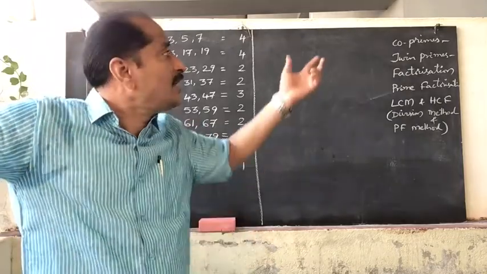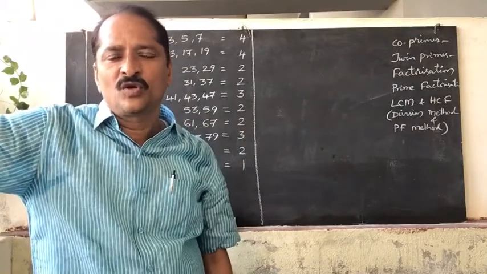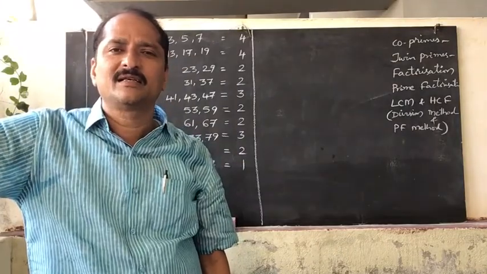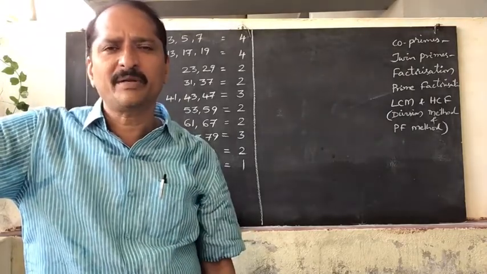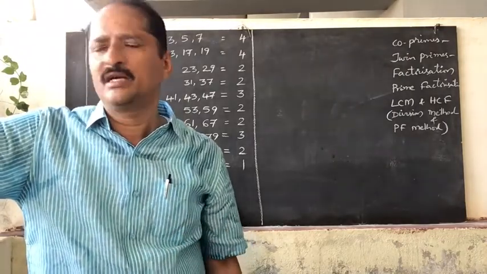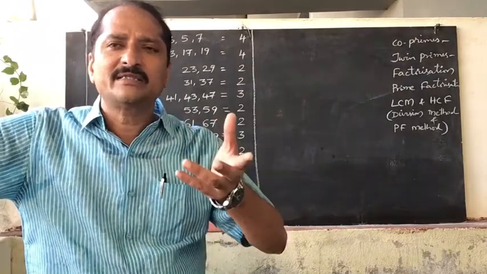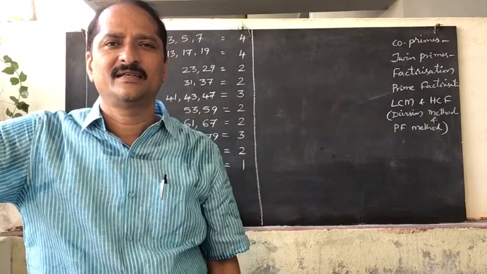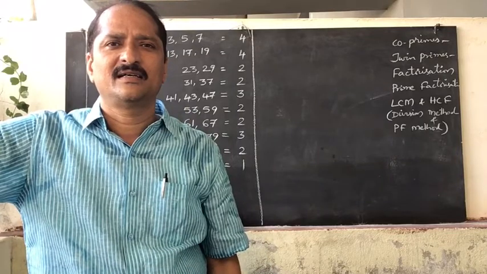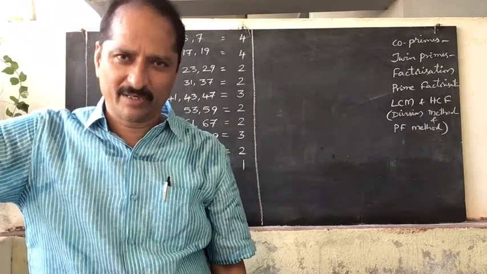Now, what are co-prime numbers? Co-prime numbers need not be prime. Two or more numbers having only one common factor are called co-prime numbers.